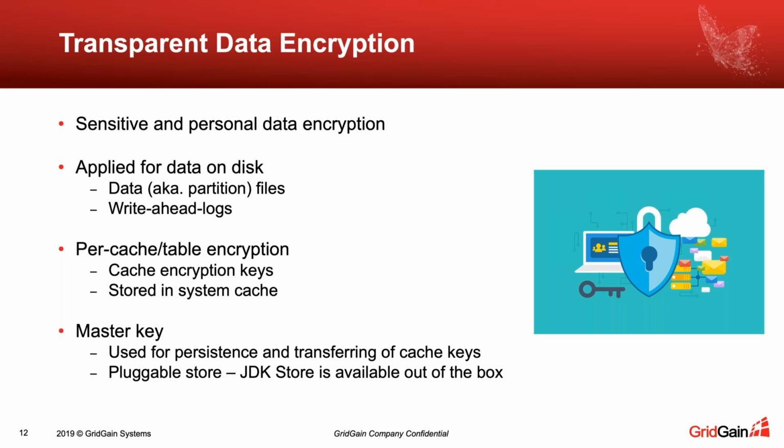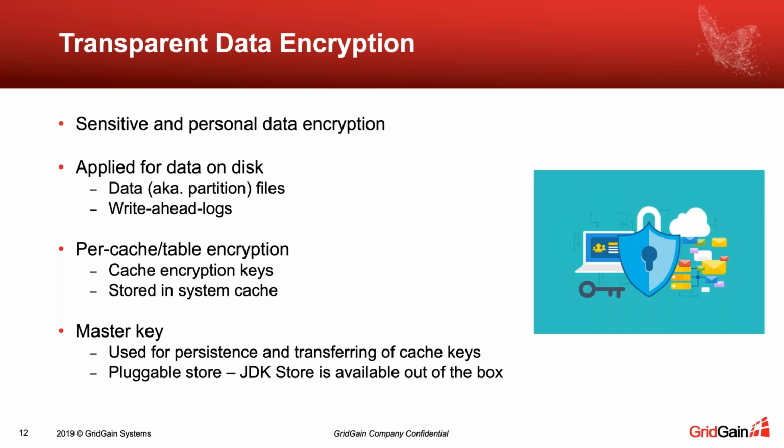And whenever we persist our encryption keys, or we need to transfer them from one node to another, we have to use a so-called master key. That master key can be generated by a third-party enterprise tool if you have one. We know that many companies use transparent data encryption, but the master keys are always stored in a separate system.